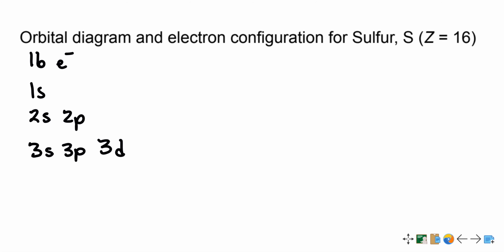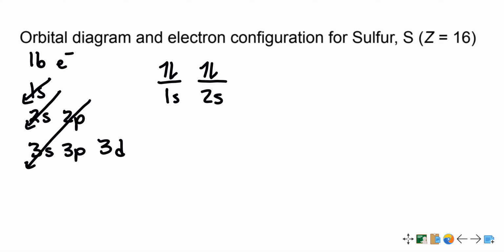Okay. I know that I'm going to have 1s. The first 2 electrons are going to go there. I know that I'm going to have 2s. So the next 2 electrons are going to go there. I know I'm going to have 2p. 1, 2, 3.